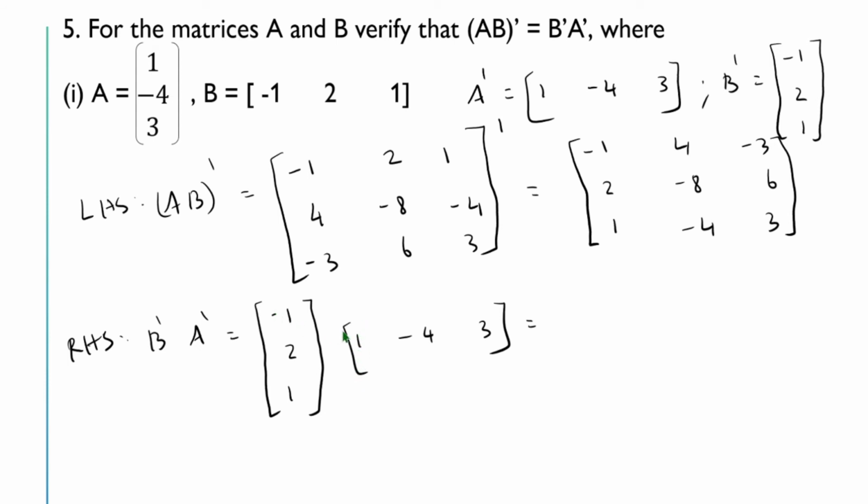Since there is only one element in the first row and the first column, there will be only a single element here, no addition is required. So here minus 1, 4, minus 3, then 2, minus 8, 6, 1, minus 4, 3. So we got AB the whole transpose. This matrix is equal to B transpose into A transpose. This matrix. So this is equal to the left hand side.